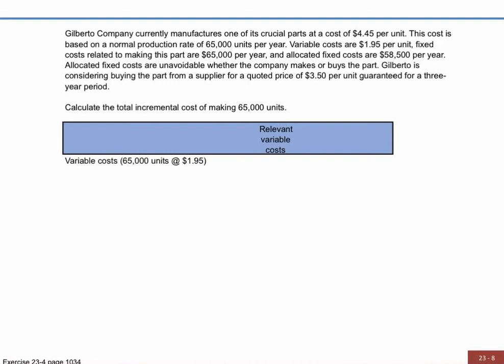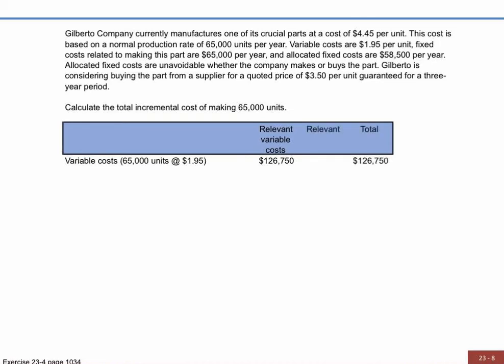So the first thing we're going to do is look at the variable cost for manufacturing it. So we're going to only look at the $1.95 right now, rather than the $4.45. And we're going to multiply the $1.95 times the 65,000 units, and we'd have 126,750 is what it would cost in variable cost to produce those units in-house.